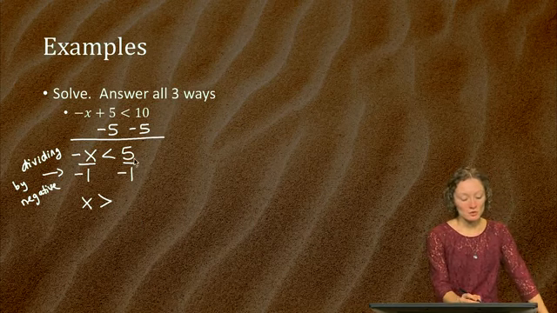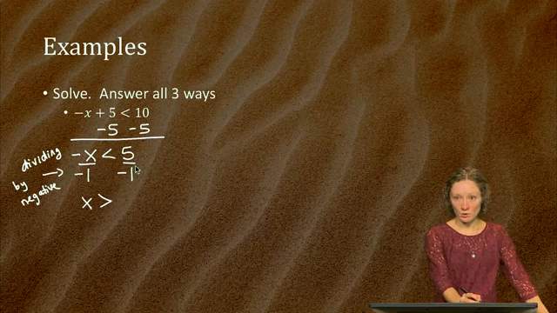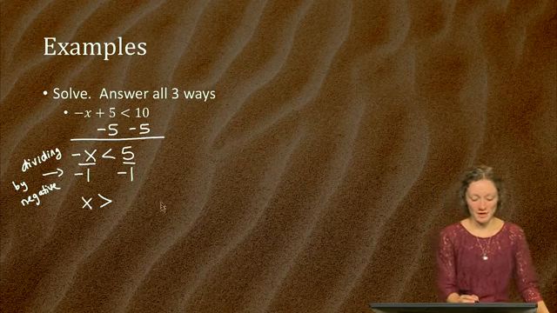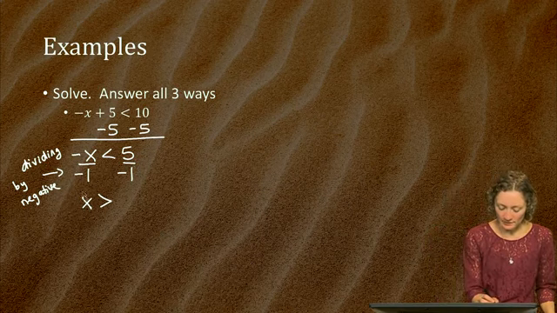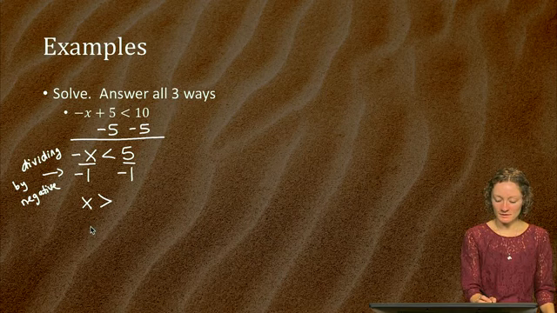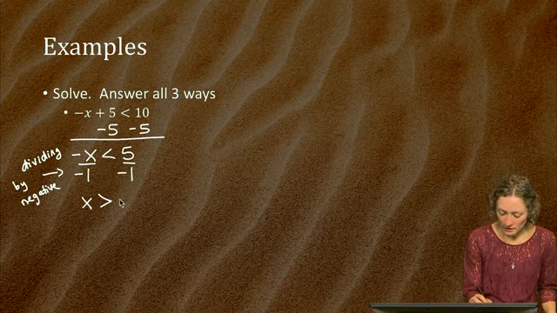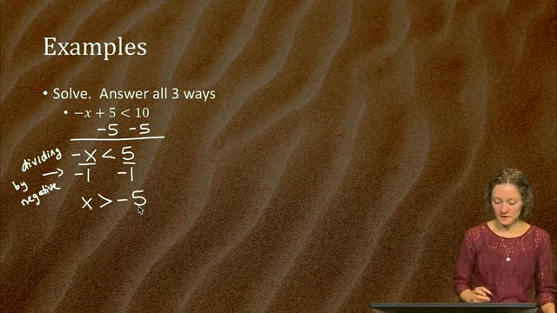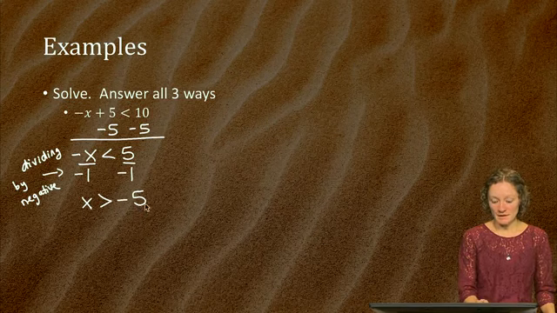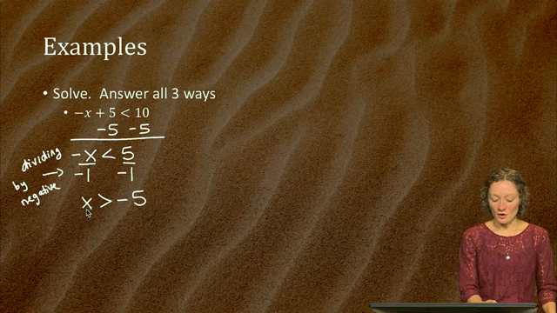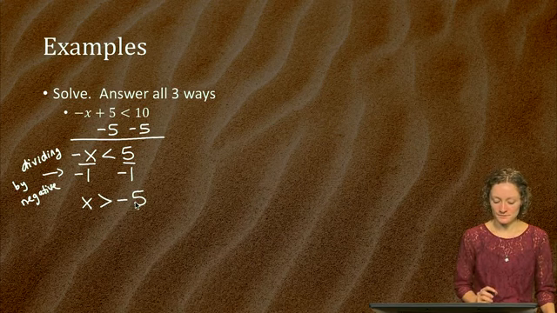Nothing else changes. You multiply or divide as normal. It's just the symbol that changes directions. So negative divided by negative gives us positive. 5 divided by -1 gives us -5. So we know the numbers that would make this a true inequality, a true statement, are all the values that are greater than -5.